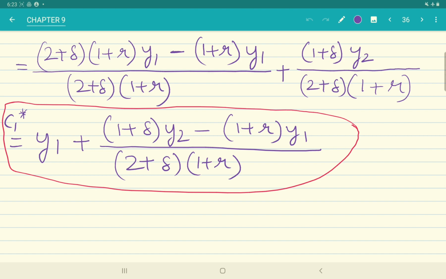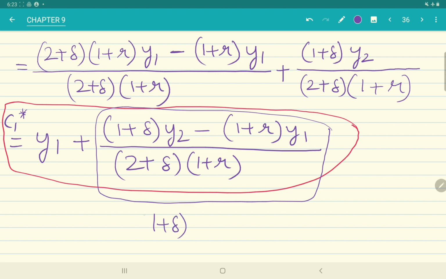And if it is less than Y1, that means this expression is negative. And if this expression is negative, that means 1 plus delta y2 is less than 1 plus r y1. So if this is the case, then the student is going to lend. Or if the student lends, then this is the case.